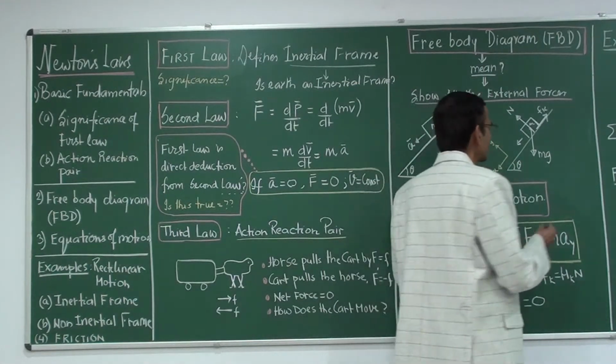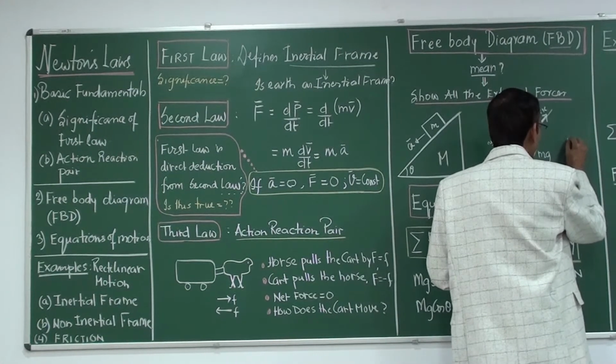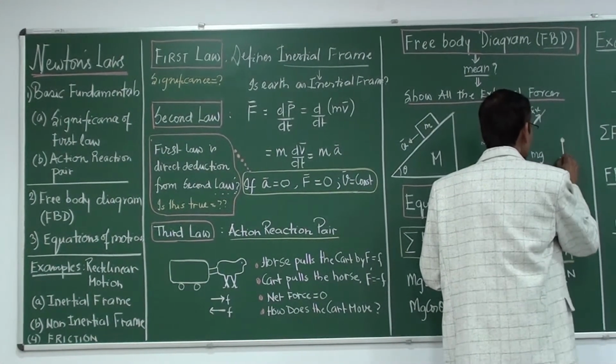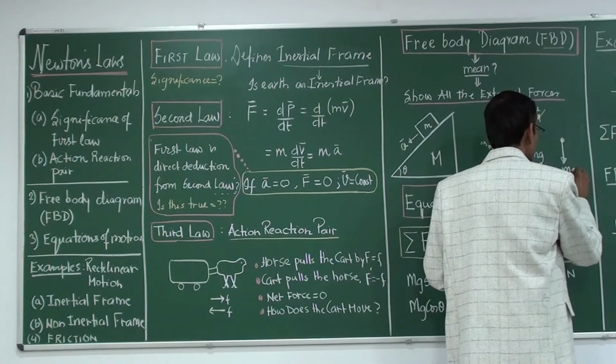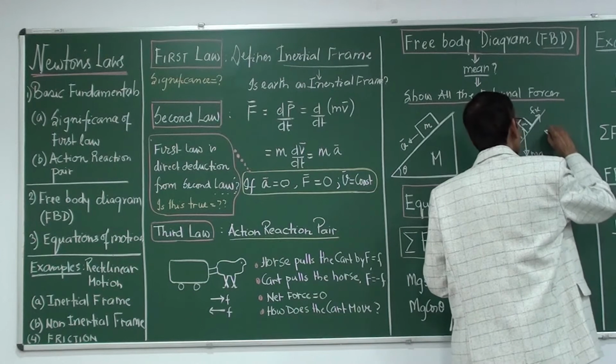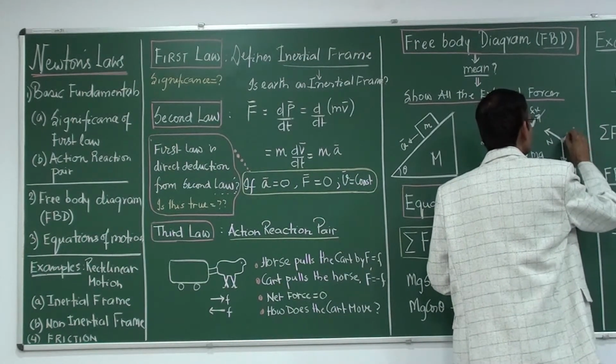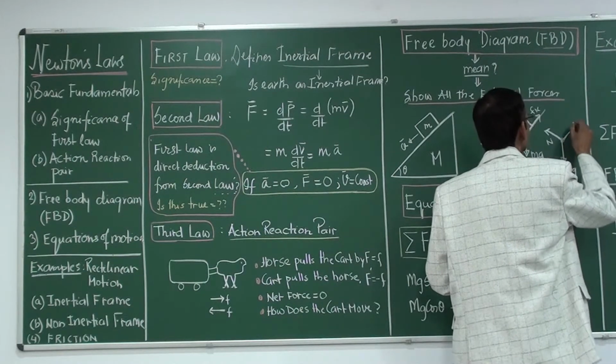You can write it this way. The best way of writing it is by a point mass. Here is your mg, here is your normal reaction N, and here is your frictional force Fk.